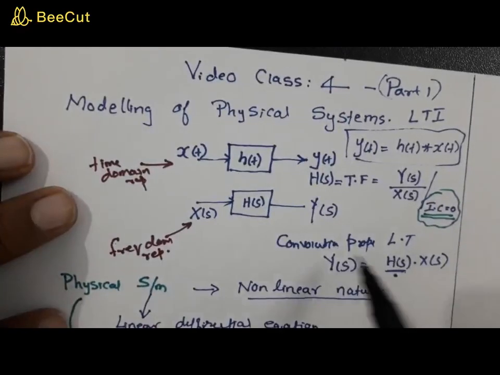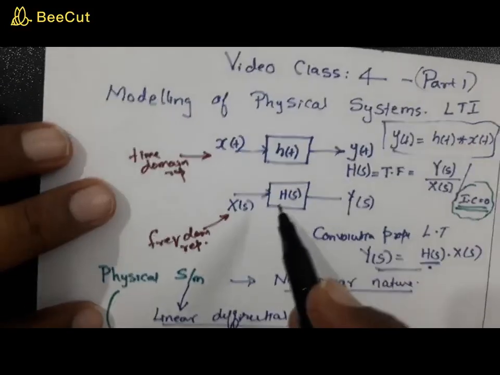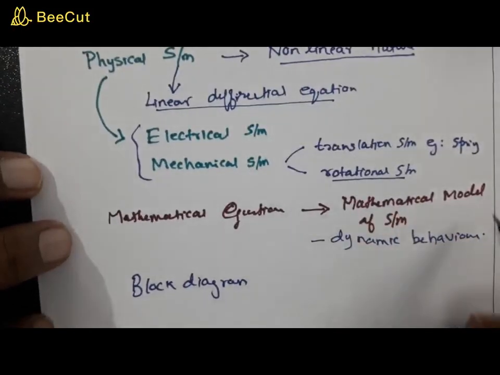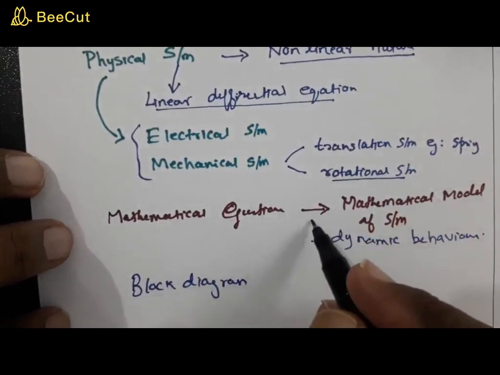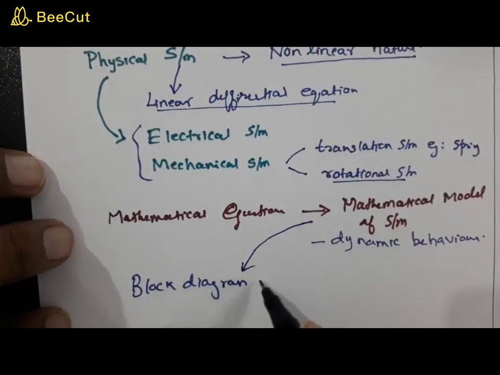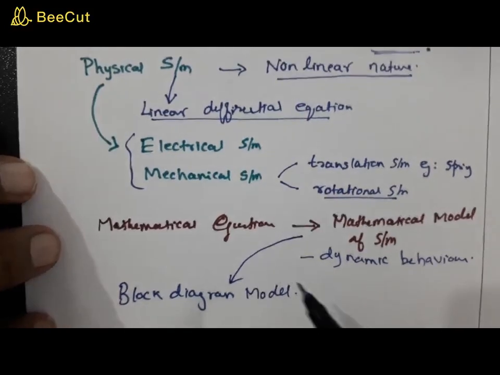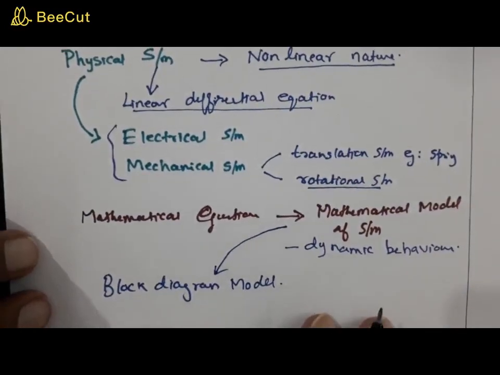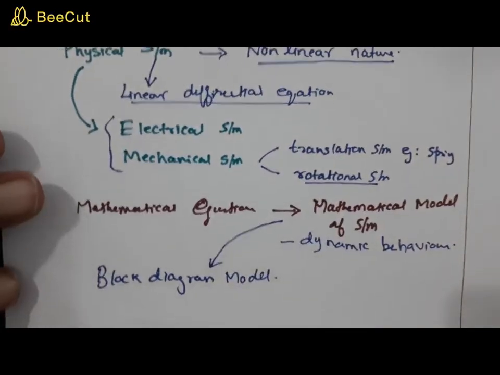Once you get this, you can represent this equation as this block diagram. So you can convert any mathematical model into a block diagram model by suitably applying the Laplace transform. These are the two models that we will be dealing with under this topic. And there is one more model, as I mentioned earlier, that is the SFG, which will be treated as a separate section.